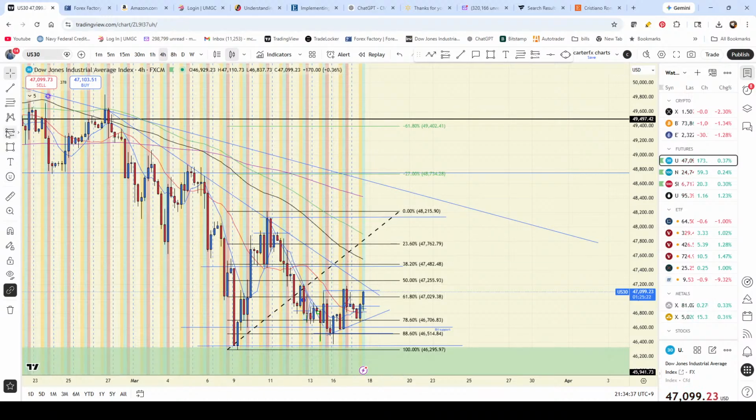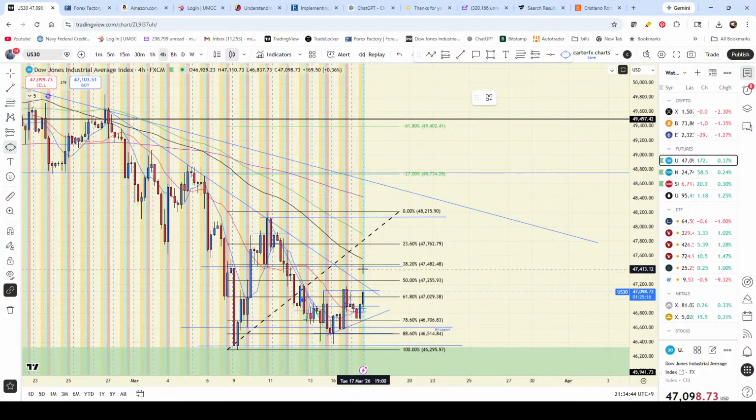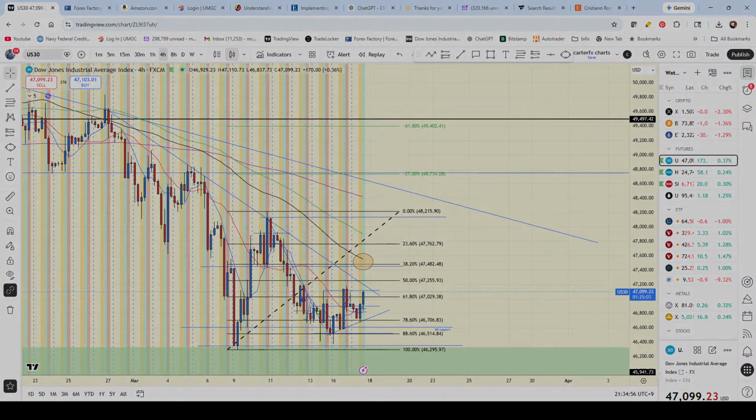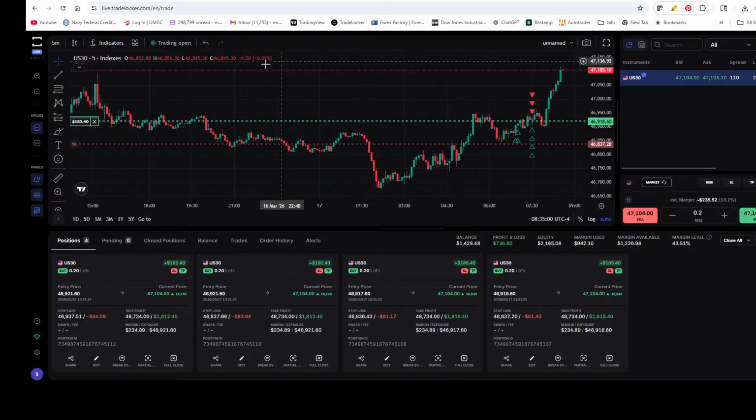And it seems like there's going to be a lot of confluence possibly in this area. So we shall see. Currently up 7. Cool.